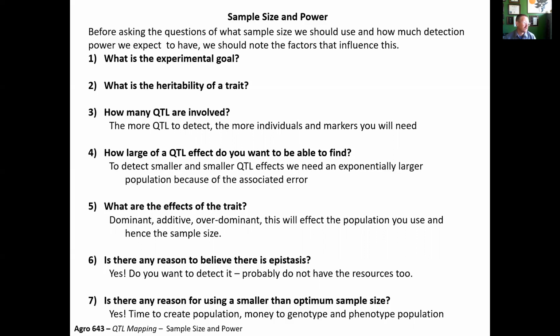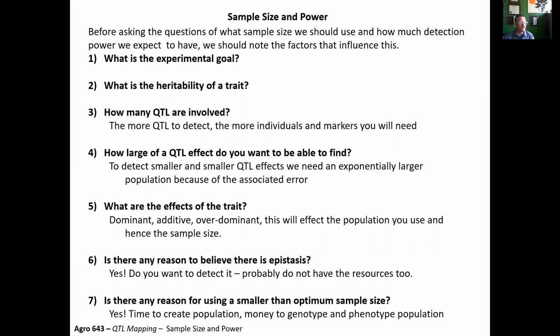How large of an effect do you want to be able to find? Now, this is a really important question, and it goes back to your experimental goal. So in a famous study I'll talk about a little bit later, the nested association mapping study in maize, I think the largest effect was a day in flowering time. But most of the loci they found corresponded to 0.1 days or 0.5 days in flowering time.